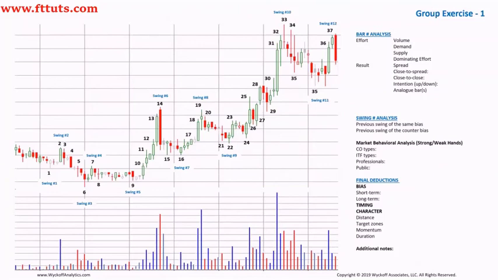And now the price is going to go up in a much better, more controlled way, where supply is not going to be a problem anymore. Why? Because all of the supply that has been at this level has been absorbed, and all of the price levels have been tested.